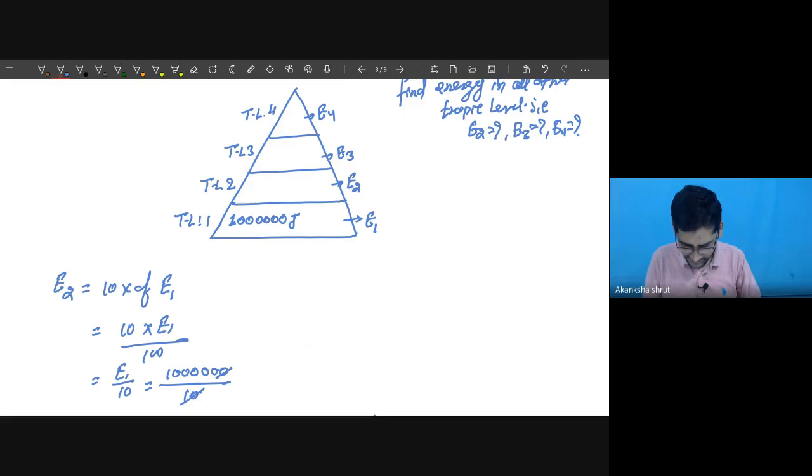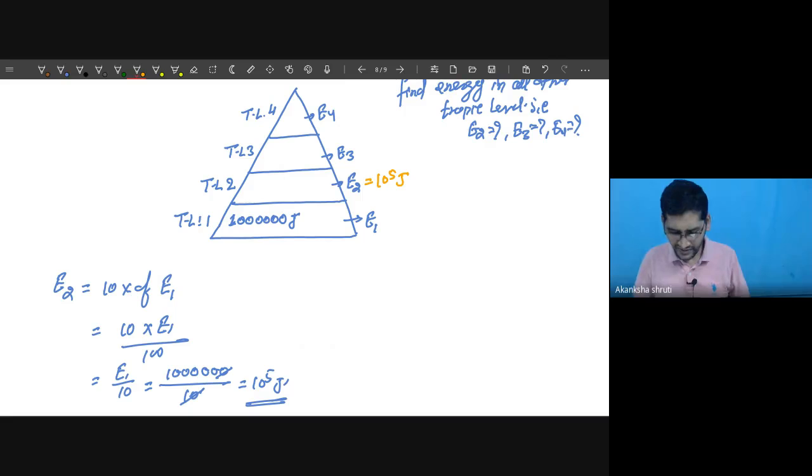So it becomes 10 to the power 5 joule. So the energy available in E2 will be 10 to the power 5 joule.